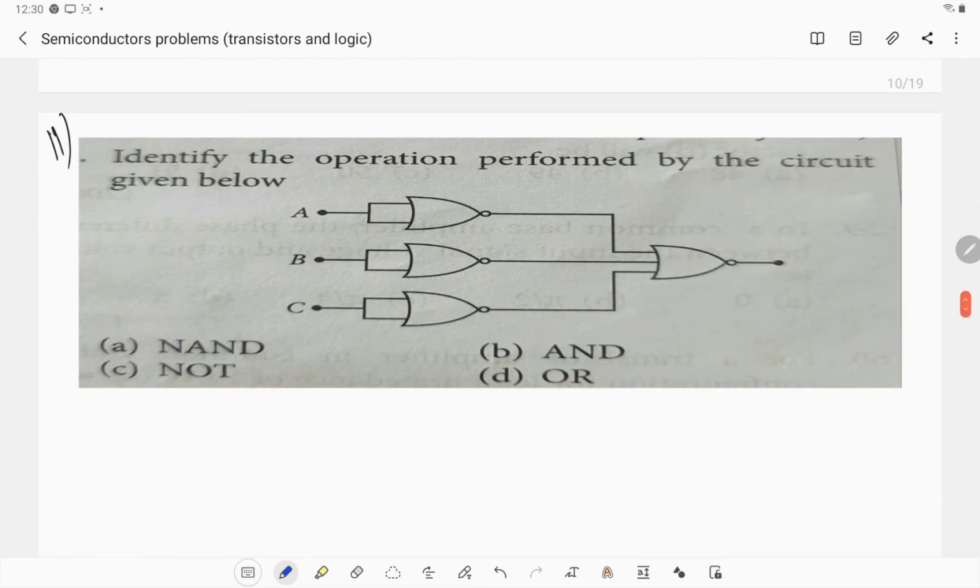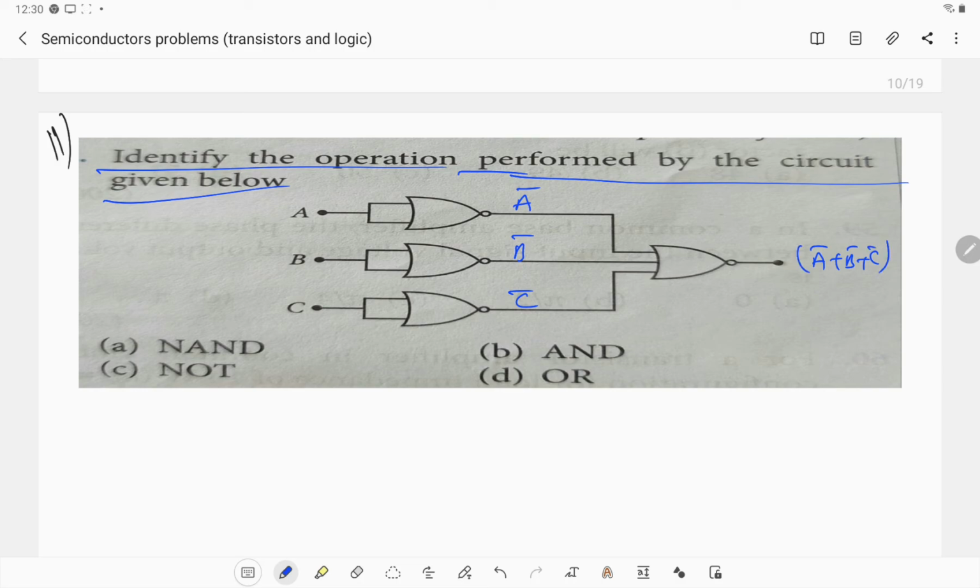Next, problem number 11. Identify the operation performed by the circuit given below. See, here is A, this is a NOT gate, this is A bar. Here is B, this is B bar. Here is C, this is C bar. So, in this case, here it is an OR gate, meaning A bar plus B bar plus C bar.